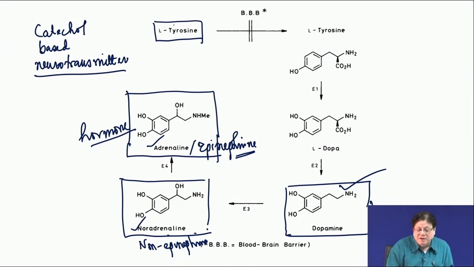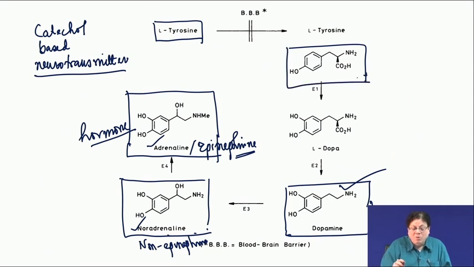L-tyrosine is an amino acid, the structure of which is shown here. The brain cells, that means the neurons, get metabolites like L-tyrosine.